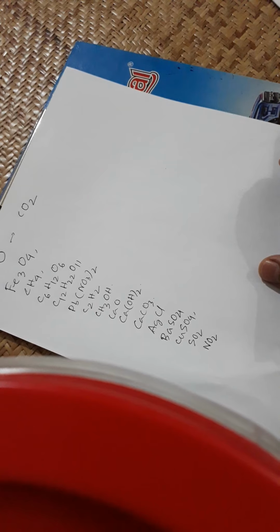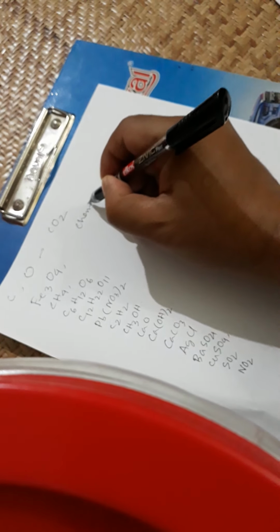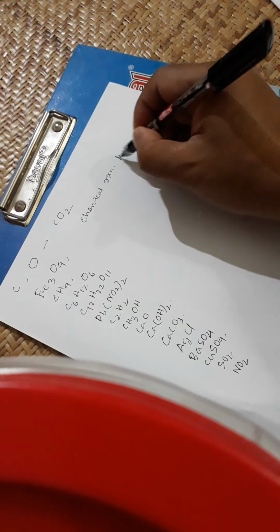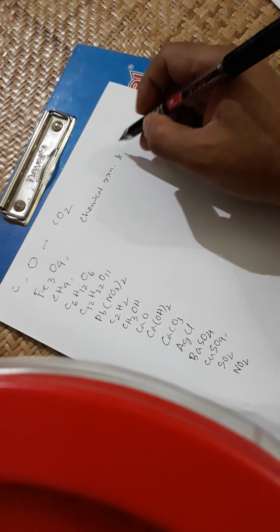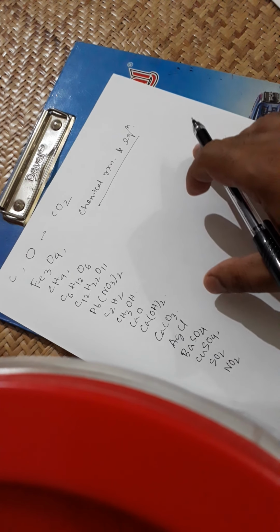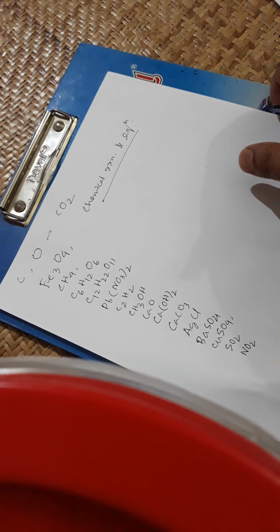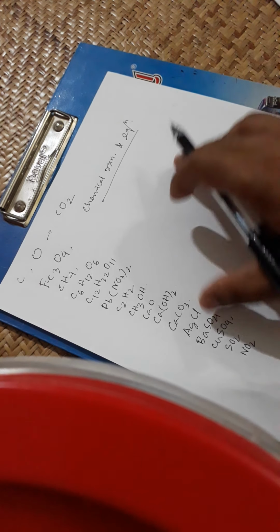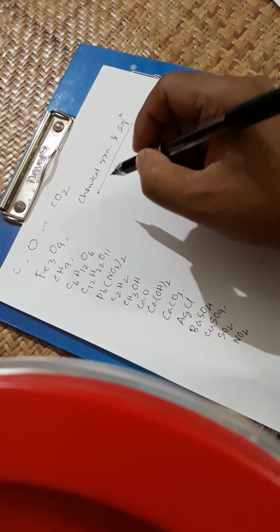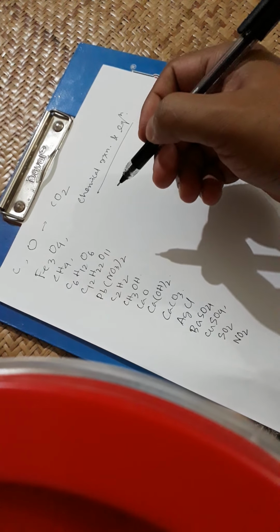Now proceed to the main topic of the chapter, known as chemical reaction and equation. It is the chapter which I am going to talk about. So there is a word equation like this: when carbon reacts with oxygen, carbon dioxide is formed.